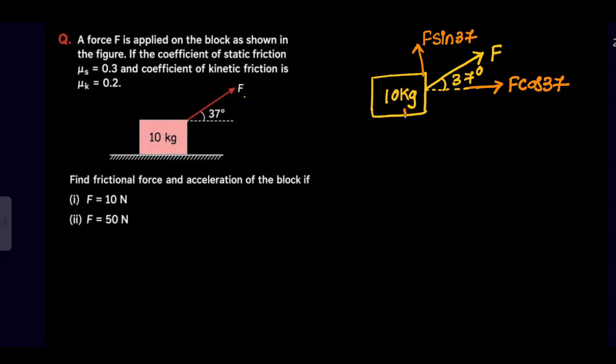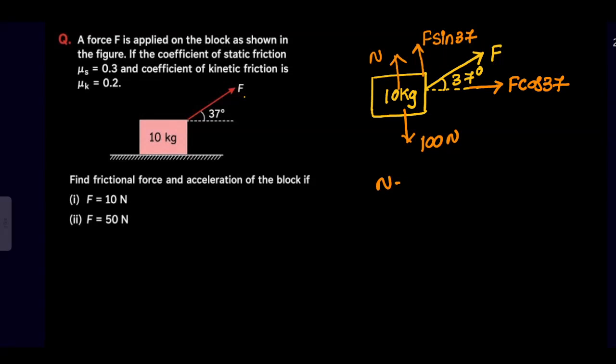And the weight of this block is in the downward direction, mg, which is equal to 100 newtons. Next, the normal reaction, in the upward direction. Since the body does not move up or down, the upward force equals the downward force. Now tell me, what are the upward forces?